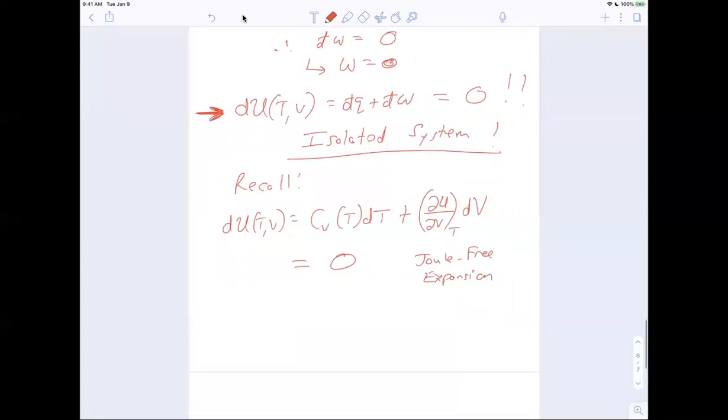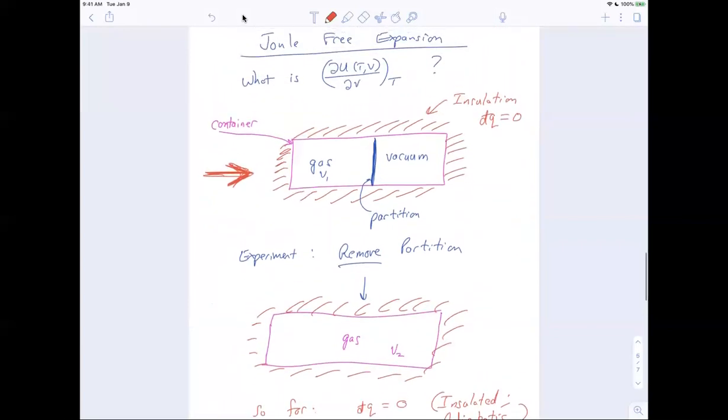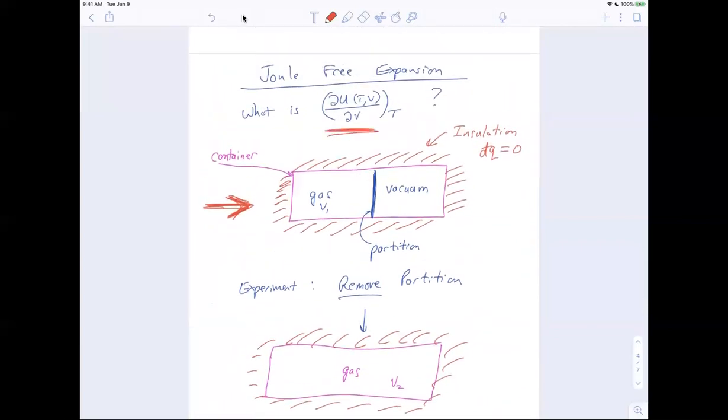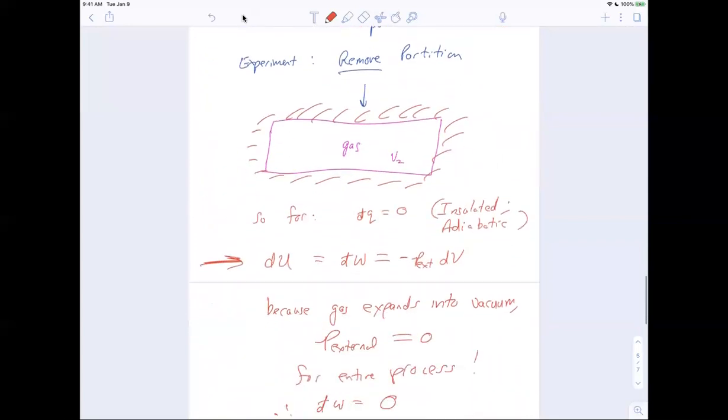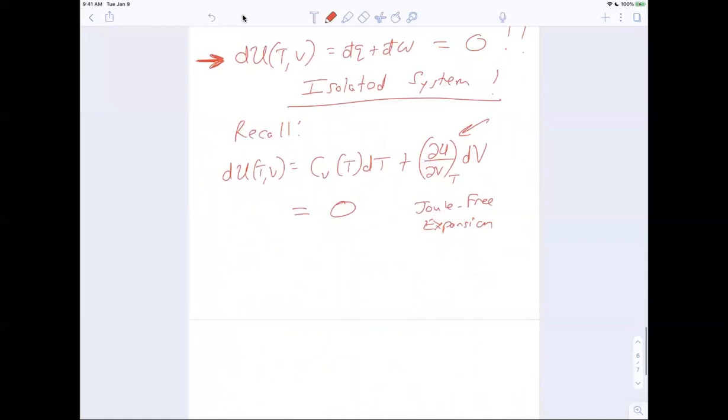So we can use that information to rearrange and solve for this guy, because that's what we were interested in. That was the whole point of our discussion, which was, what is this partial derivative? Okay, but we have a way to get at it now. So this is how we can do this. Okay, so this guy is all going to equal 0. So let's just rearrange and isolate a few things.